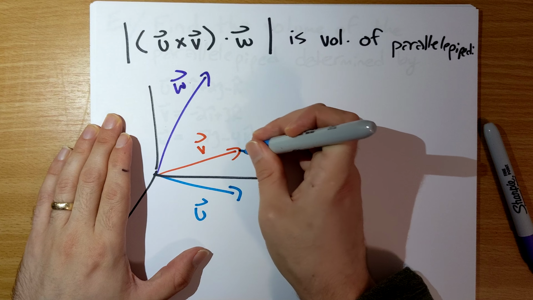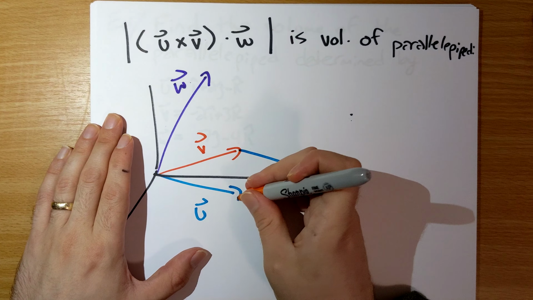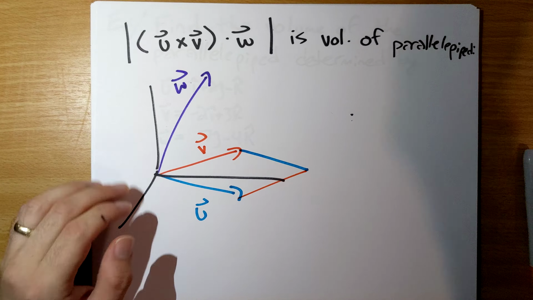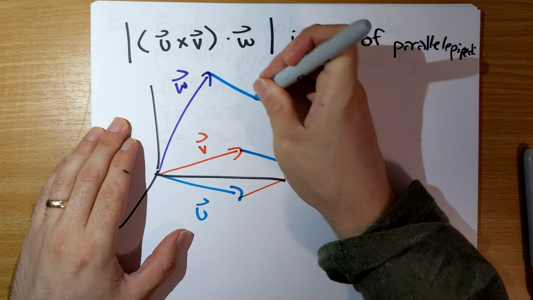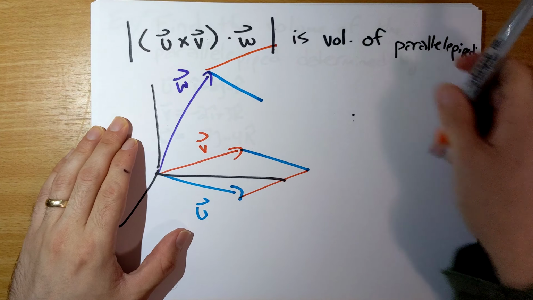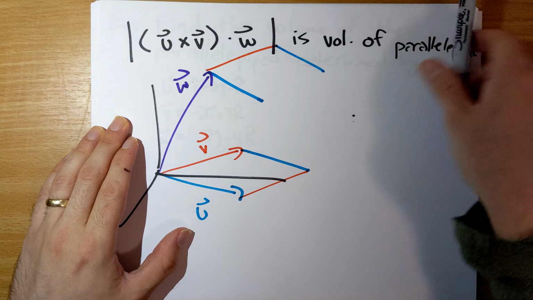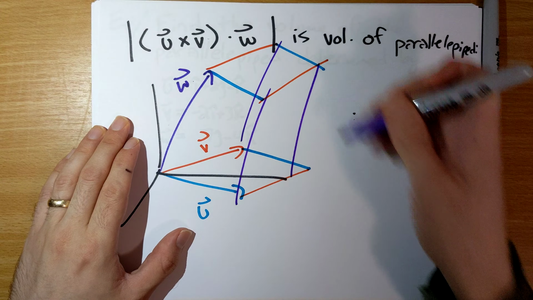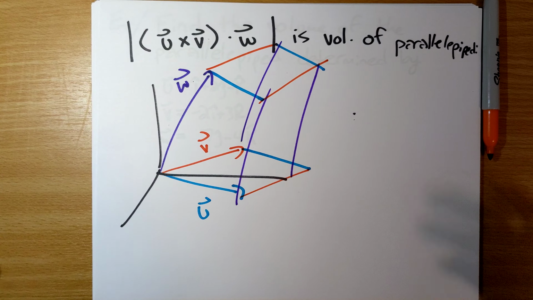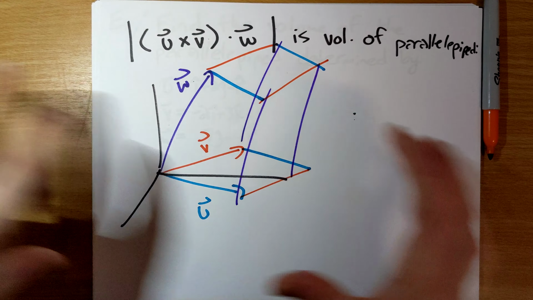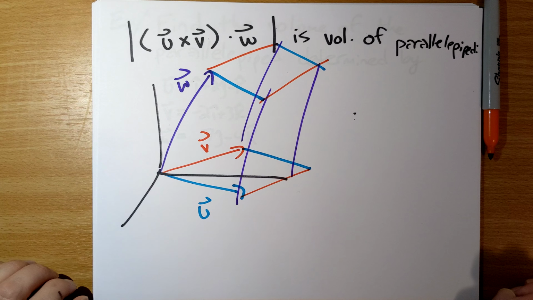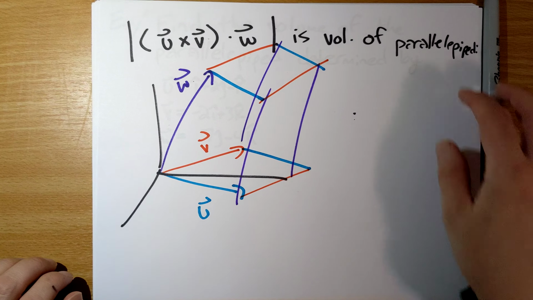So how do I draw this? Okay, there's the base of our parallelepiped, and let's draw some more sides to our parallelepiped and connect up a bunch of things. So it's like a rectangular prism, just slanted off center, because not everything here we're assuming is orthogonal to each other.